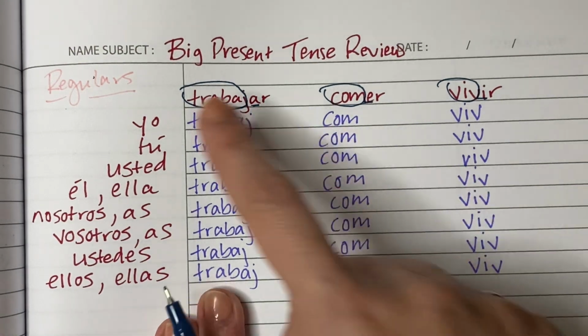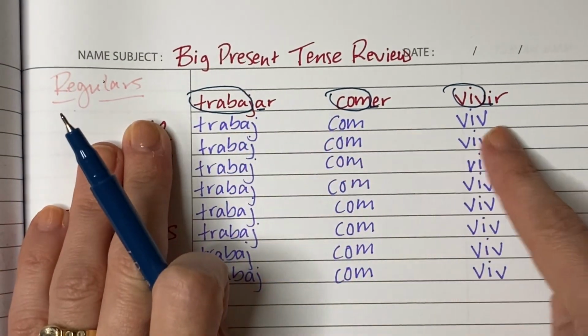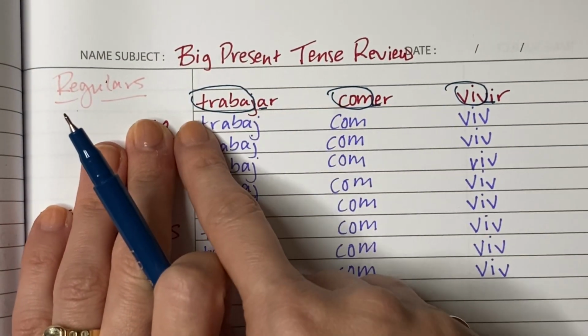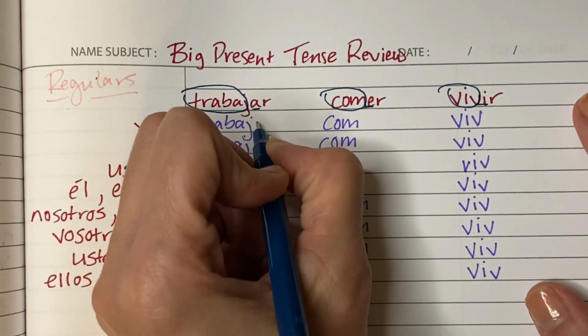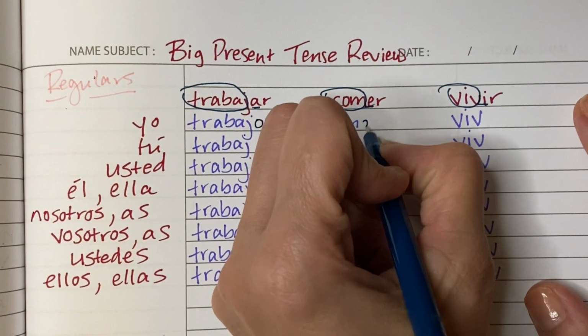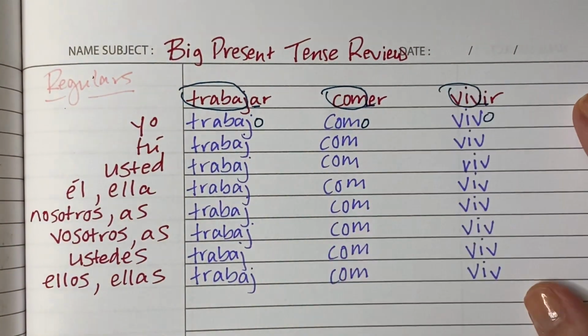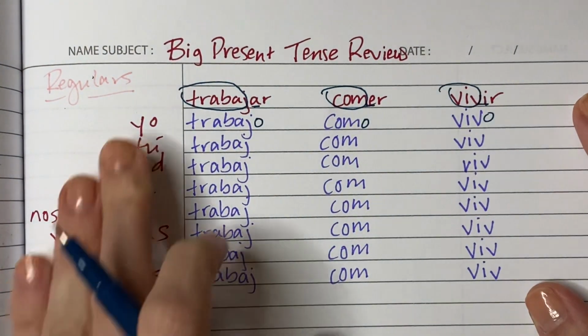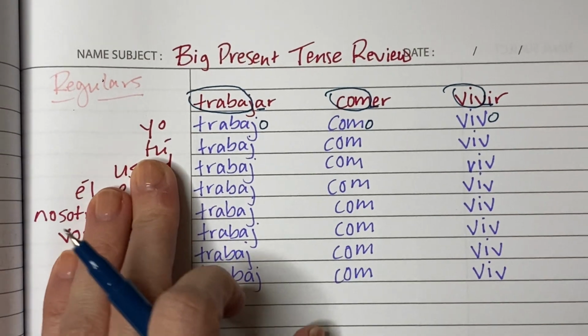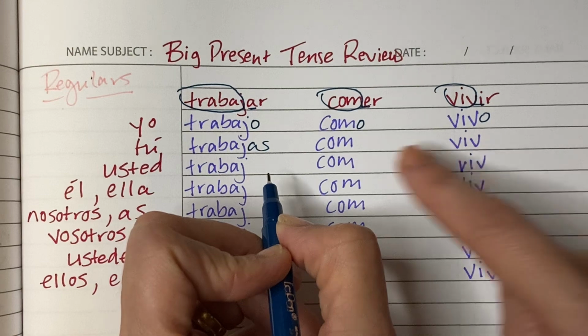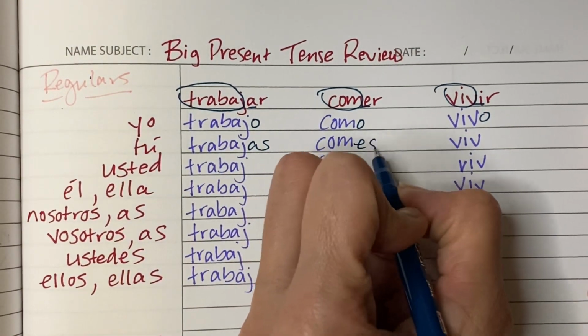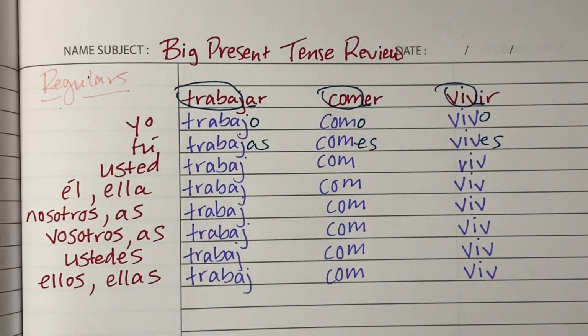Okay, so let's look at the yo form. The yo form across the board for AR, ER, or IR verbs, the ending is O. I work, trabajo, I eat, como, I live, vivo. So the tú form, you, informally, trabajas for AR verbs, and for ER and IR verbs, es: comes, vives.